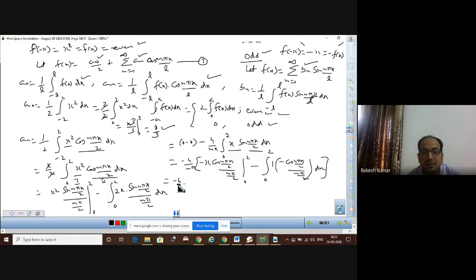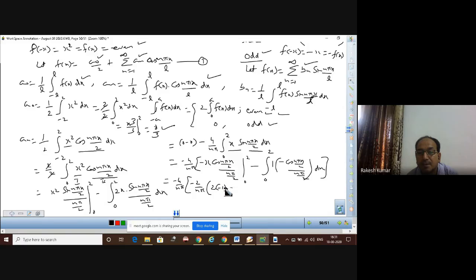We can substitute the limits over here. Minus 2 over n pi can be written here. Actually, this n pi over 2 can be written in the numerator as 2 over n pi, on the negative side. So when you substitute 2 here, the 2 cancels, it's cos n pi.